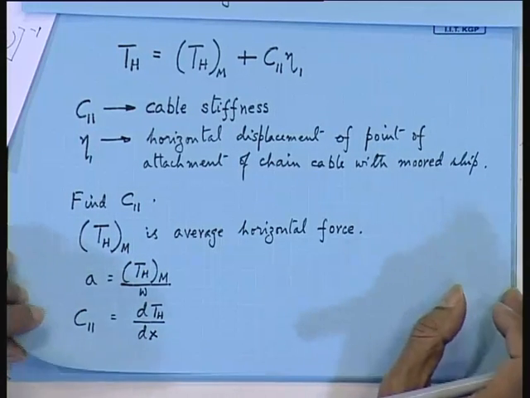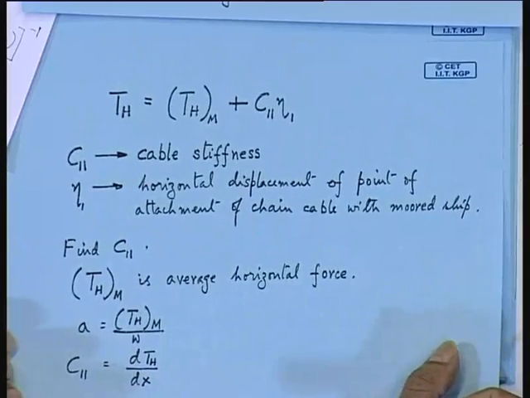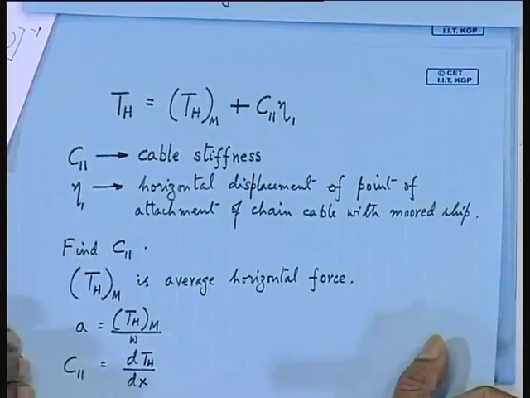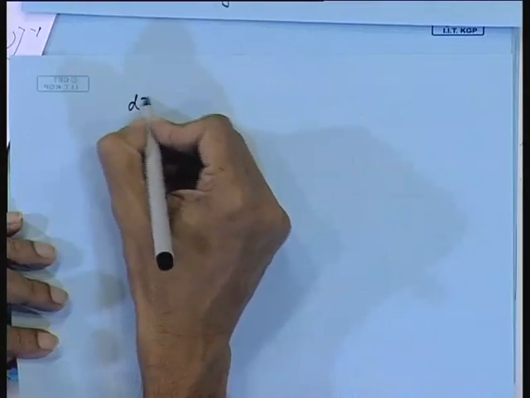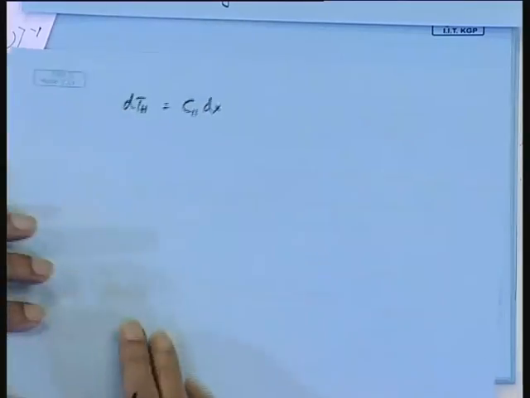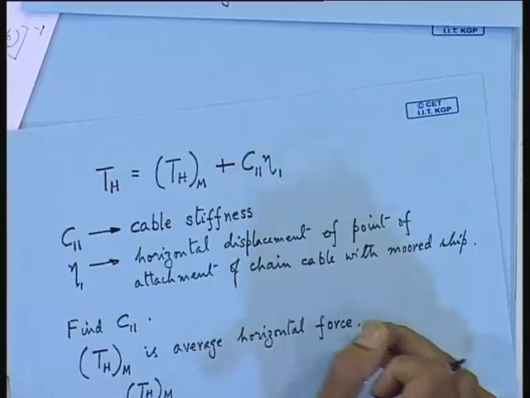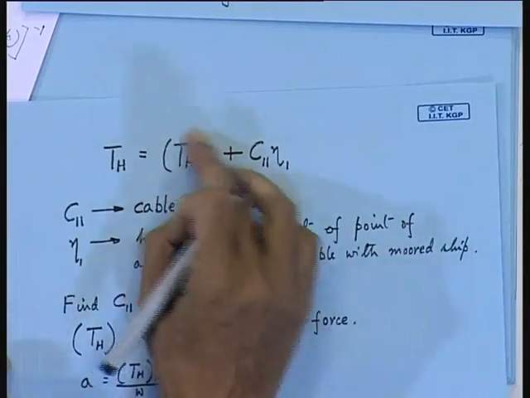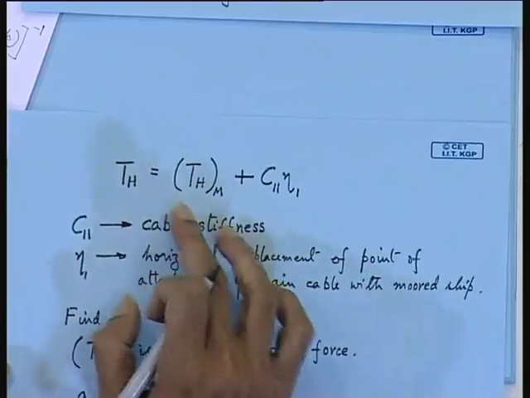So from this expression, what is the value of dTh? So dTh is equal to C11 multiplied by dx. Now that is what you have written in this expression. This eta 1 is the horizontal displacement and this is the mean value, this expression.